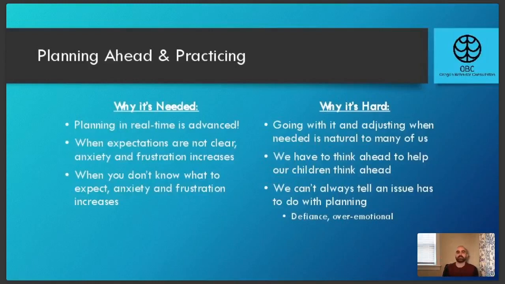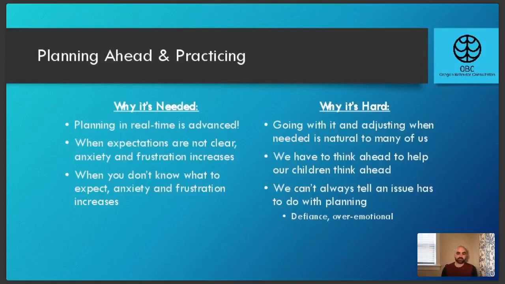So why is planning ahead for us as parents, caregivers, professionals so difficult? Well, because a lot of times, especially when we're talking about family life, we just kind of go with it. We might have a general routine, which is great, but we're not necessarily planning every single aspect. And I'm not telling you that you have to plan every single aspect, but you do want to do some things just to kind of prepare.